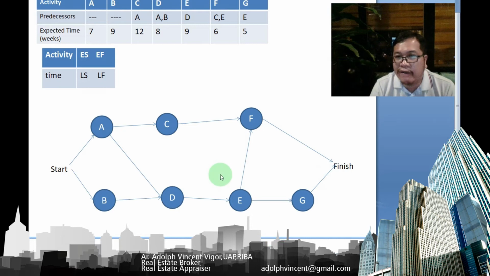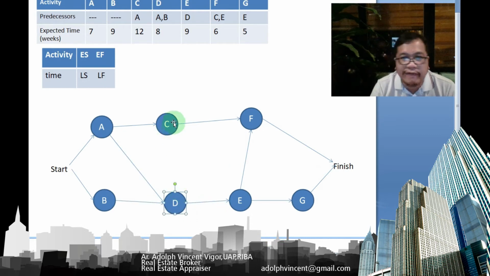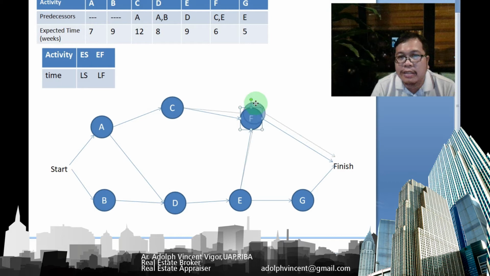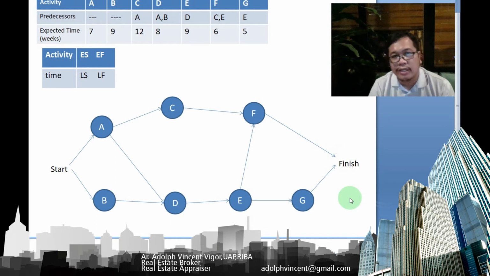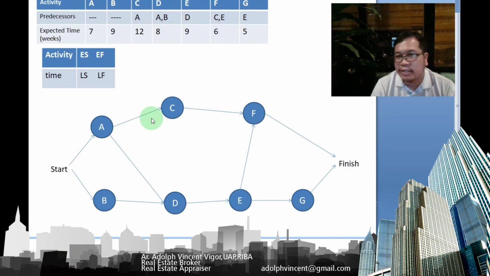So we now have the network diagram for this particular problem. As you can see, it's quite easy to form it. All the activities are already represented from start to finish: A, B, C, D, E, F, G.